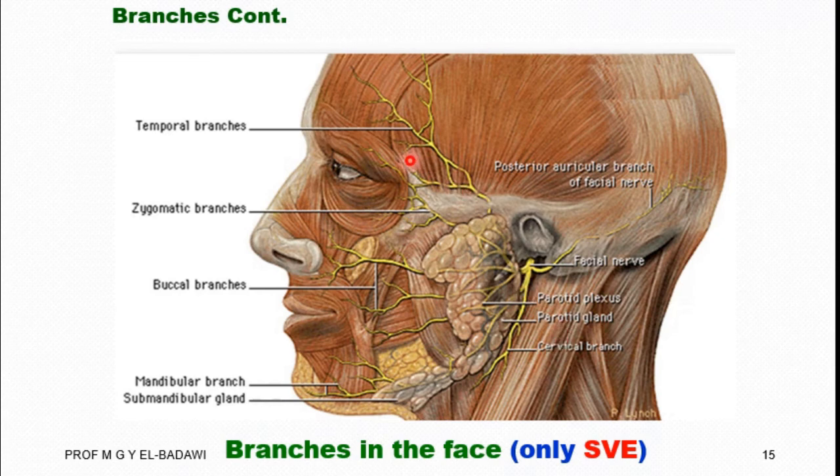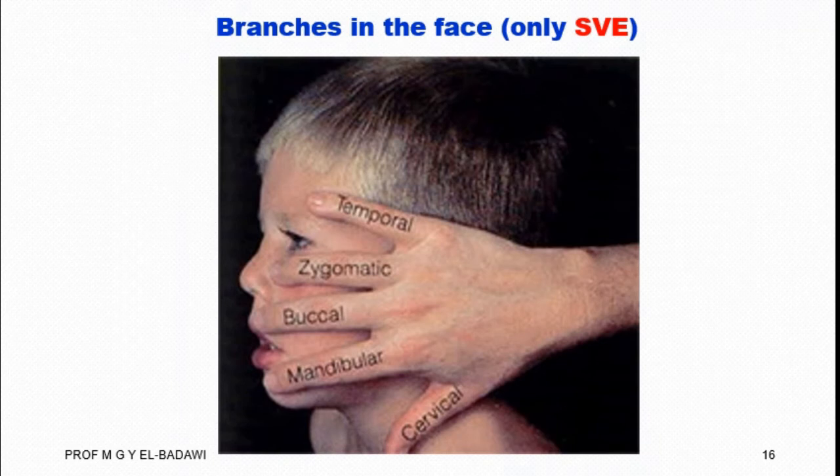Here are the temporal, the zygomatic, the buccal, the mandibular, and the cervical branches. That's an illustration which shows the temporal to the temple, the zygomatic on the zygomatic bone, buccal on the buccinator to the mouth, mandibular on the mandible, cervical to the neck.